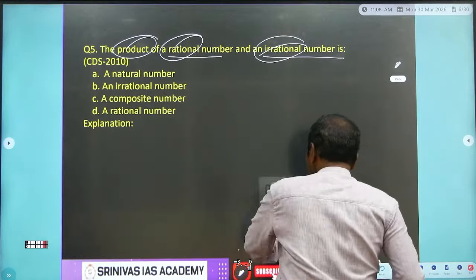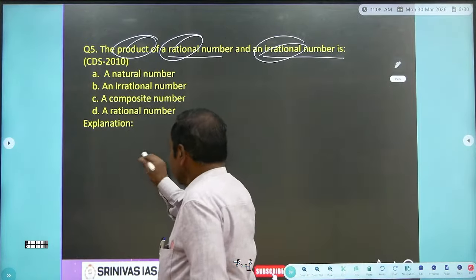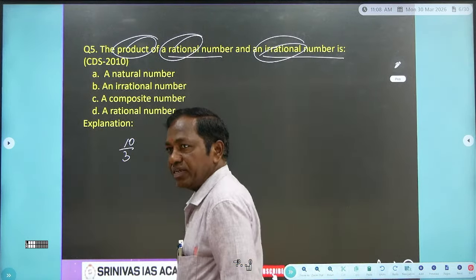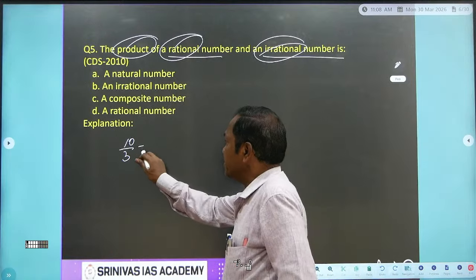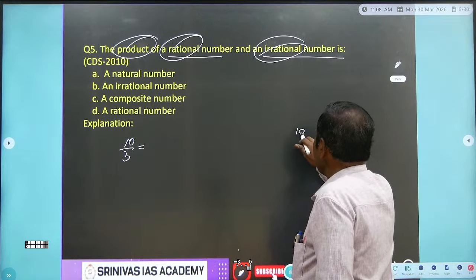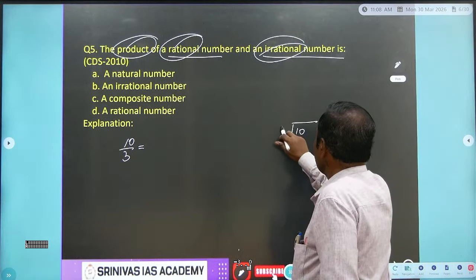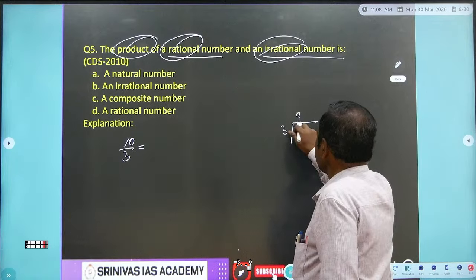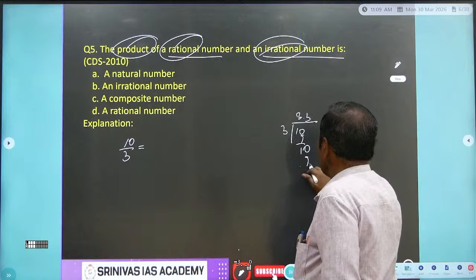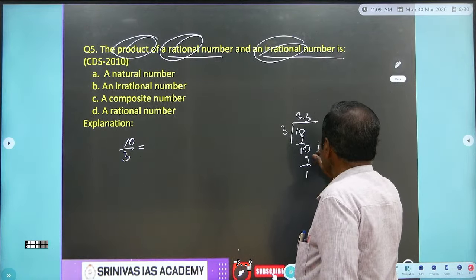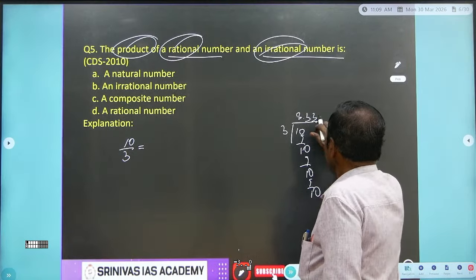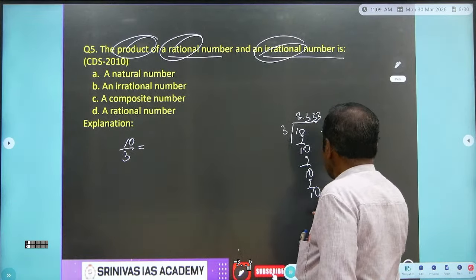And rational numbers, for example, 10 by 3. 10 by 3 is a rational number. Dividing 10 by 3: 3 threes are 9, remainder 1. Again 3 threes are 9, remainder 1, and again 3 threes are 9, remainder 1.